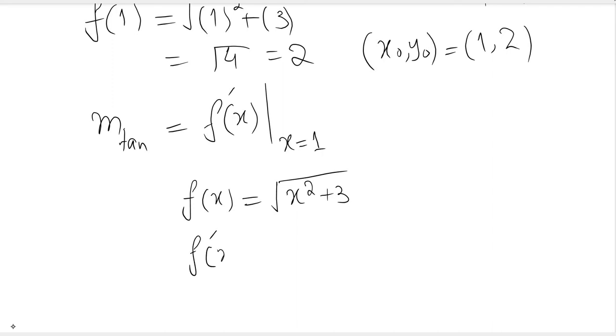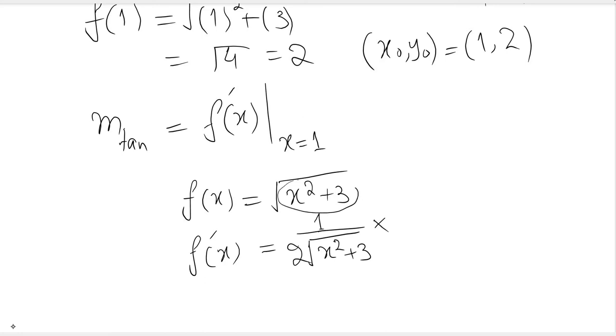When you have a square root, you take 1 divided by 2 times the square root of x squared plus 3, and then multiply by the derivative of the inside function.